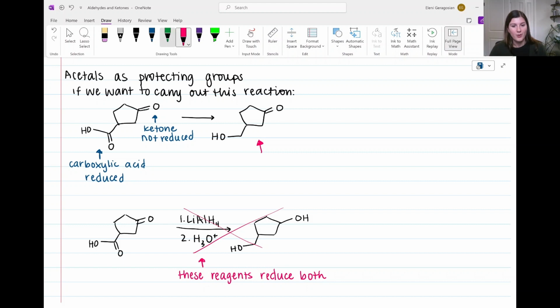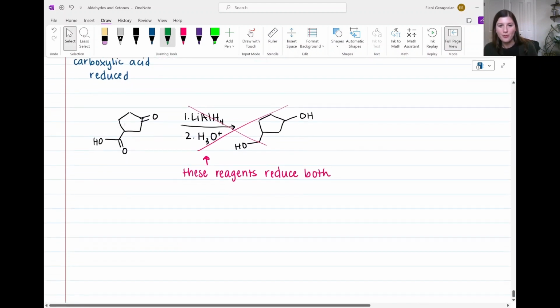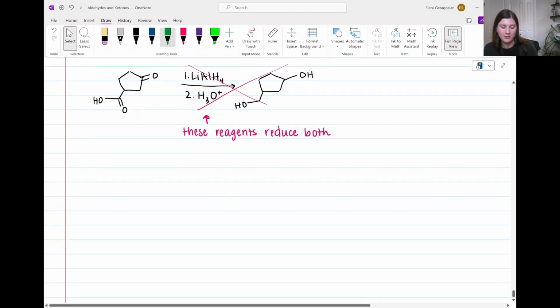Now, we can prevent this from happening by adding an acetal as a protecting group for the ketone. So if we add an alcohol, especially that diol, those are often used in the chemistry field to form a protecting group, that will react with the ketone. Then we'll still have the carboxylic acid, we reduce the carboxylic acid, and then we can remove the protecting group and we get our desired product.